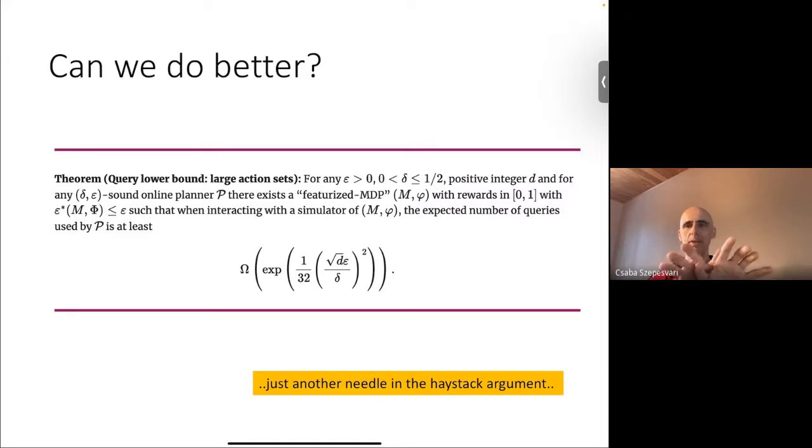Because of the features, you don't need to choose all the actions to learn about the values of all the other actions. So you might be hoping that if the features are good enough to represent the reward up to an epsilon accuracy, then you get away with polynomial in d samples, and you will be able to choose an action which is epsilon suboptimal.